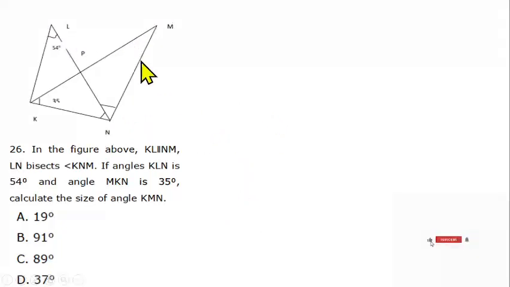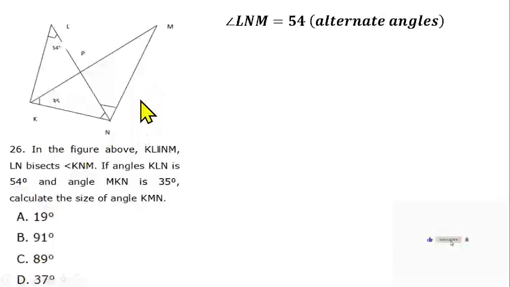Since this side and this side are parallel, the angle here is 54 degrees and this angle here are alternate angles. So angle LNM, which is the angle here, is 54, alternate to this angle here, 54. But we are told that this line bisects this total angle, so this angle here is 54, that means this one is also 54. So the angle KNM will be 54 plus 54, which is 54 times 2, that gives us 108.